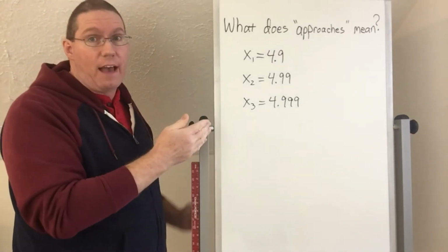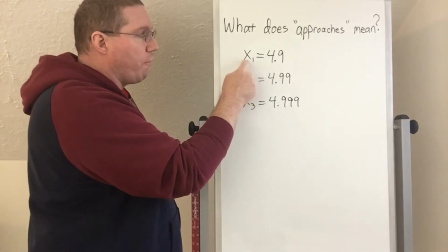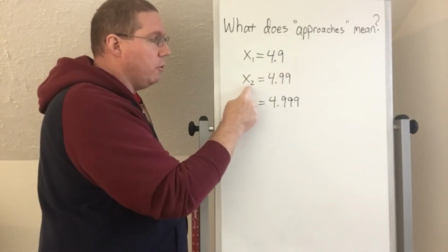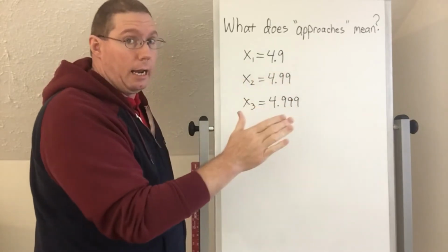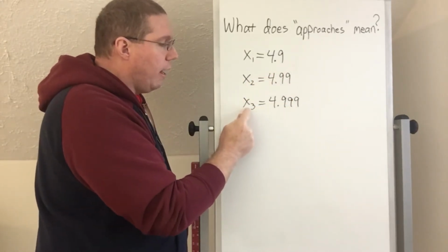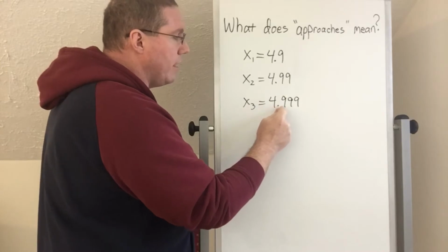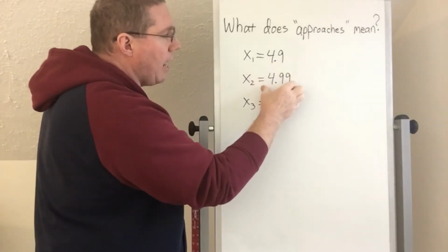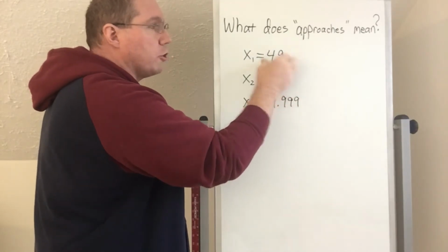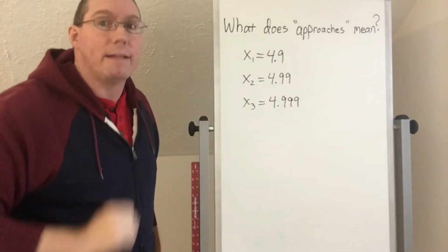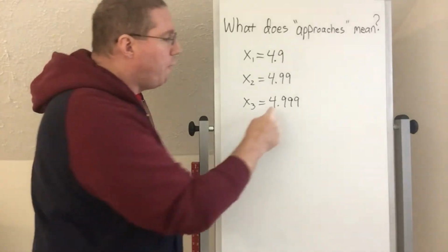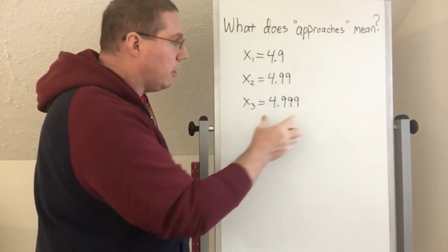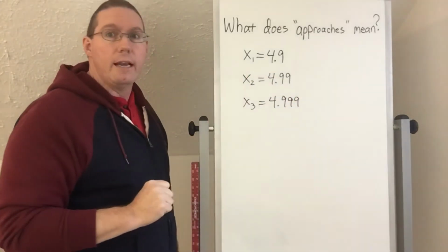I have three x values. Let's say x sub 1, our first x value, is 4.9. Our second x value is 4.99, and our third x value is 4.999. So here's what we have. 4.99 is a little bit larger than 4.9. It's incrementally larger. And 4.999 is a little bit incrementally larger than 4.99.